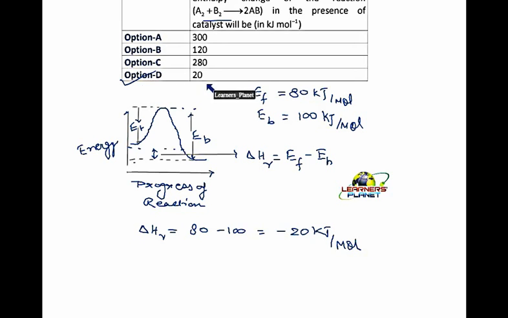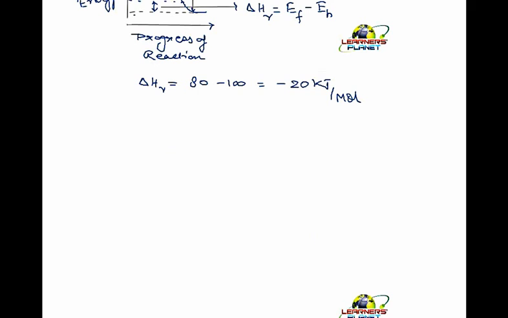Right? So this was a very simple question, students. Just remember that the enthalpy of a reaction is equal to the activation energy of the forward reaction minus the activation energy of the backward reaction. Fine? Now let's take up our next question.